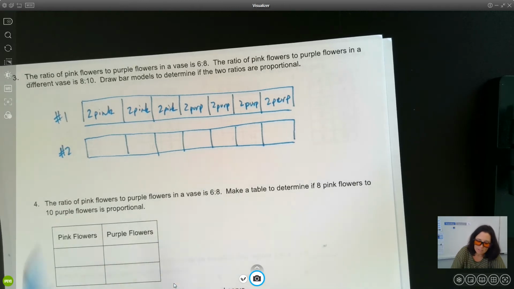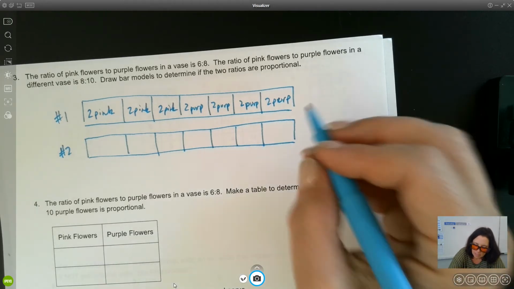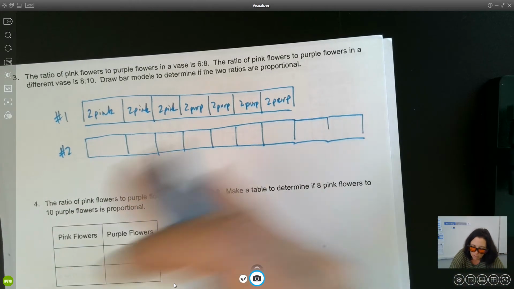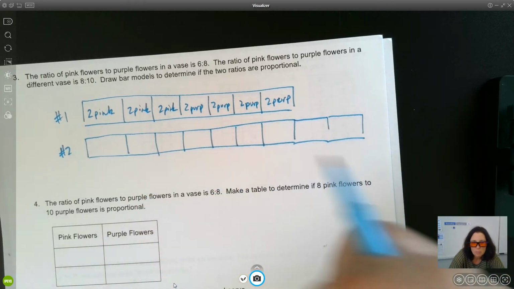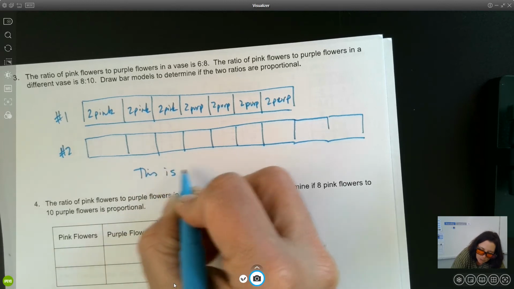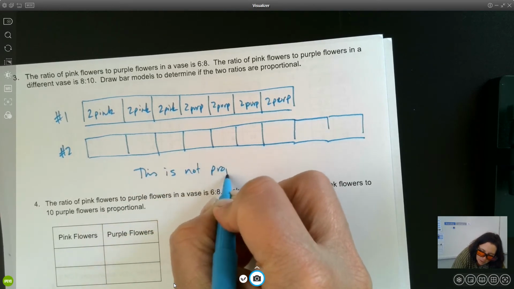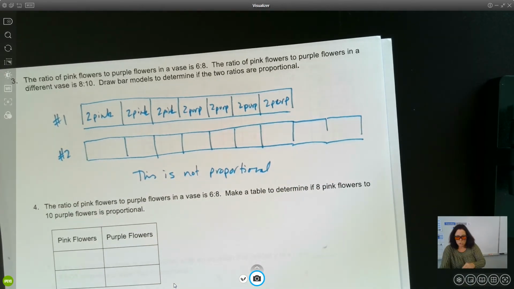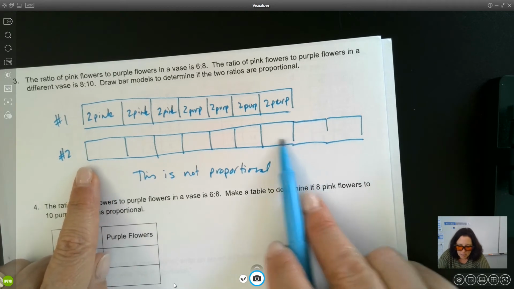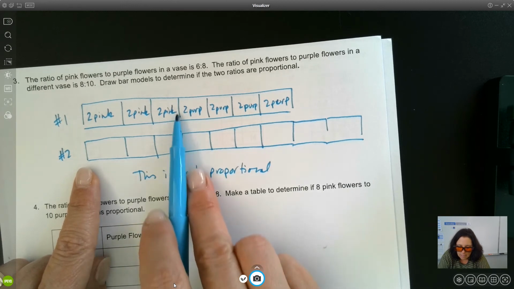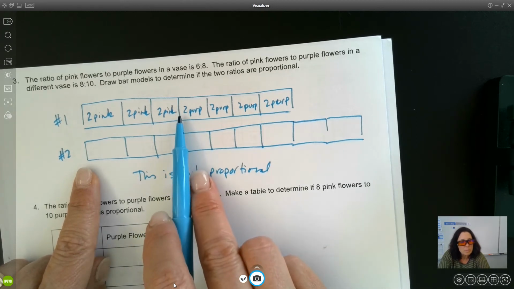There's no way I can fit that in 7 boxes. If I put on 2 more boxes, now we're completely off, right? This is not proportional. If I tried to squeeze 9 boxes into this space here, my pinks would not land in the same exact pink spot as this one up here.